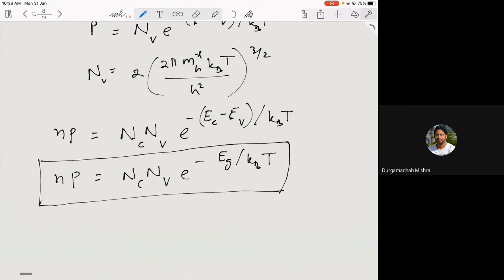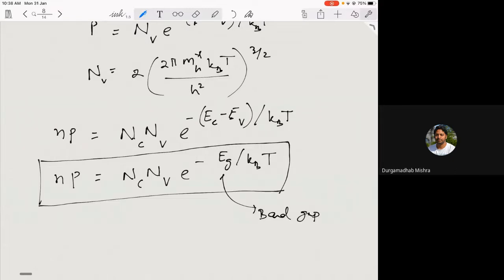In metal, the value of n depends on where the Fermi level is. But in a semiconductor, the product of the number of electrons and holes doesn't depend on the Fermi level. And this Eg is your band gap of the material. And this is like a constant, okay?